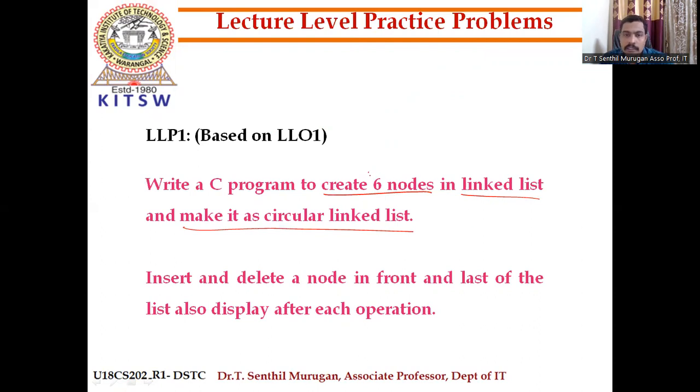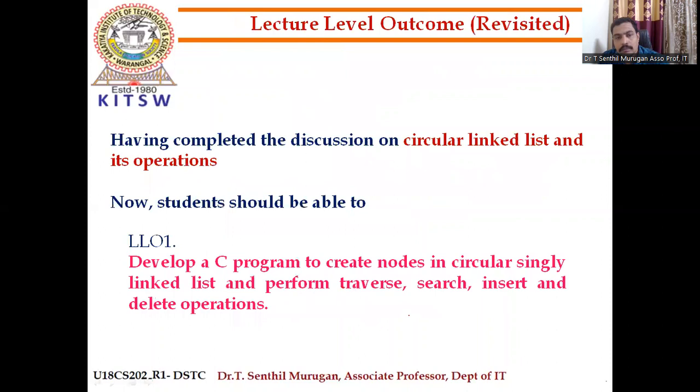How can you create the single linked list? After creating it, how can you make the single linked list into a circular linked list? After that, you can insert and delete a node at the front and last position of the list. After performing the insert and delete of one node, you can display the result.